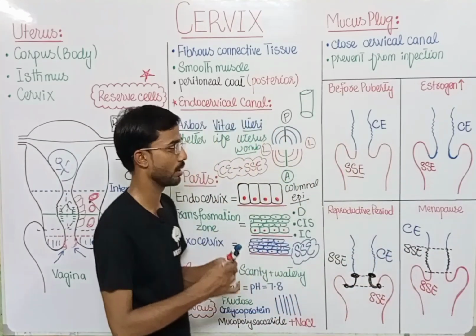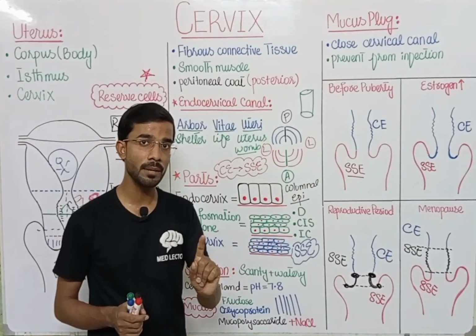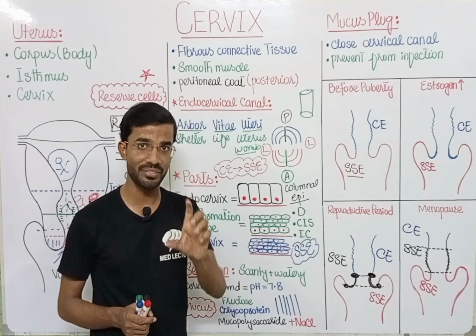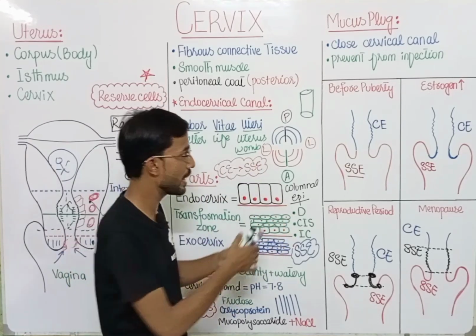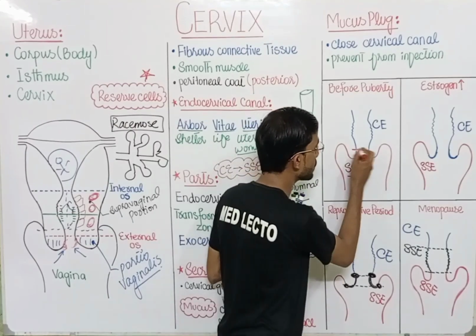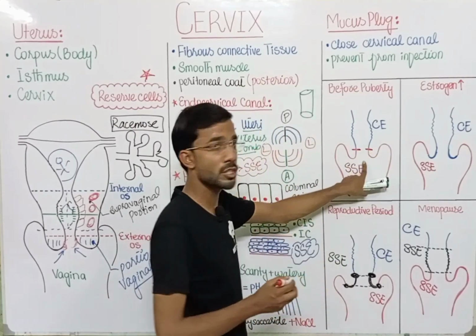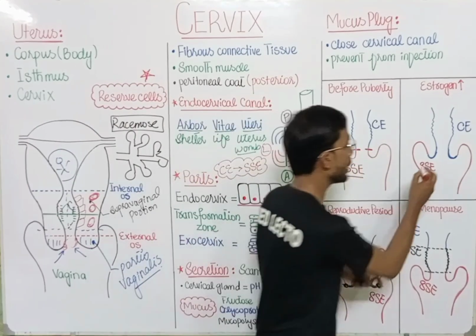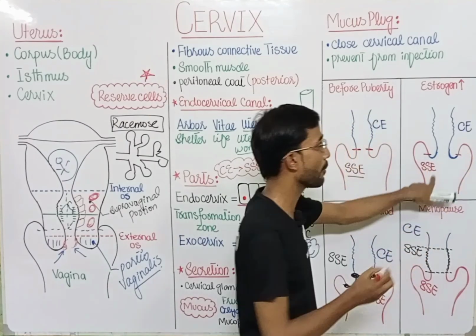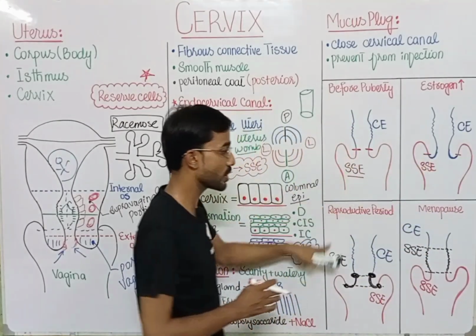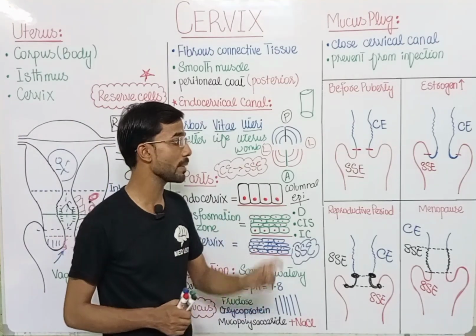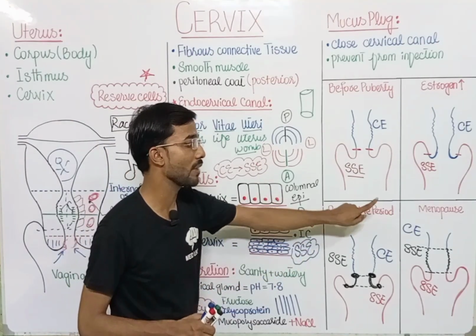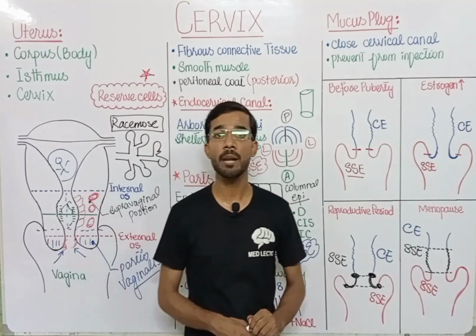This is very important: the junction and the zone are different things. The zone is present between two junctions. Here you can see this junction, the squamo-columnar junction, and again this junction, which is again a squamo-columnar junction. So junctions are present in all situations, but the transformation zone is present only in the reproductive and menopause cases. So this is all about the cervix.